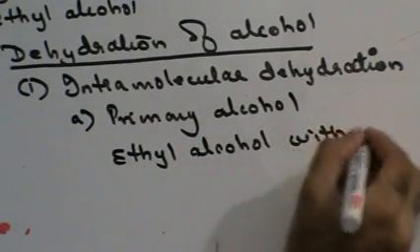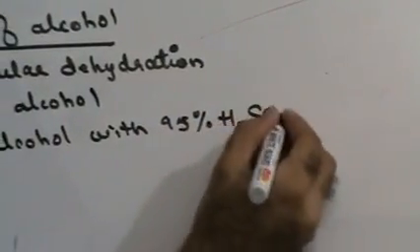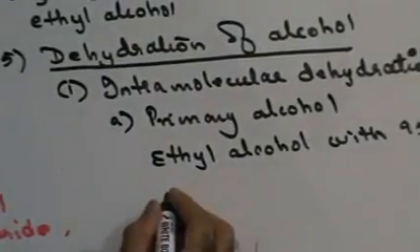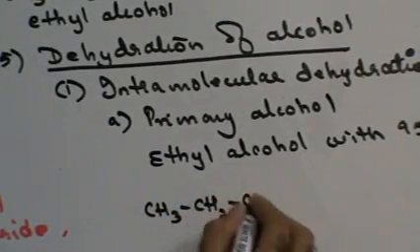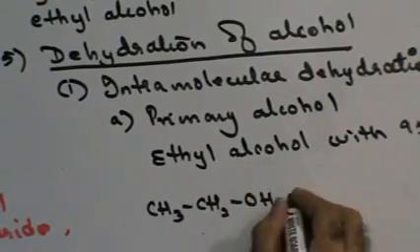What happens when ethyl alcohol reacts with 95% sulfuric acid? Ethyl alcohol, CH3CH2OH, reacts with 95% sulfuric acid.